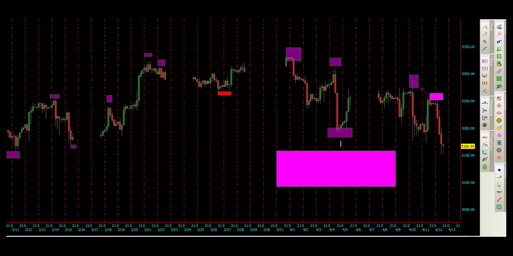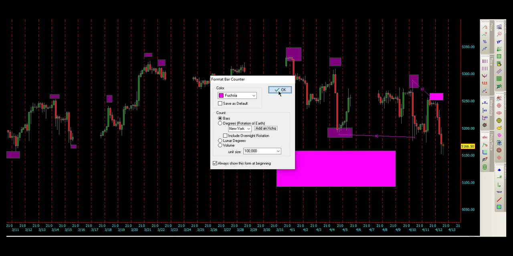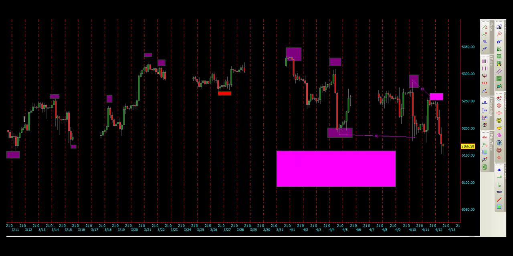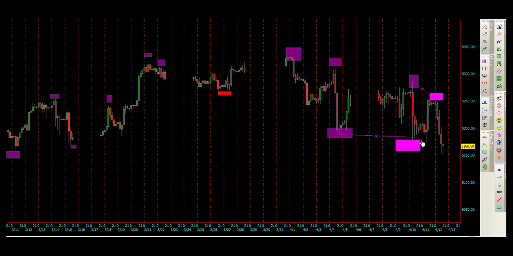Okay, from this point, I'm looking for 40, and here is your 40. Let's move it here, and there we go. So I think we just showed you what can be done in simple ways for timing the market. Thank you so much.